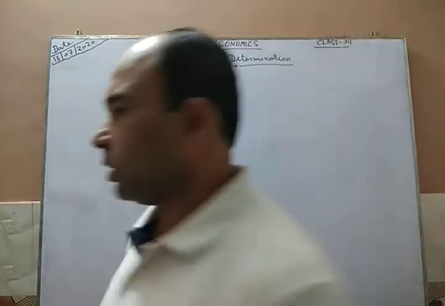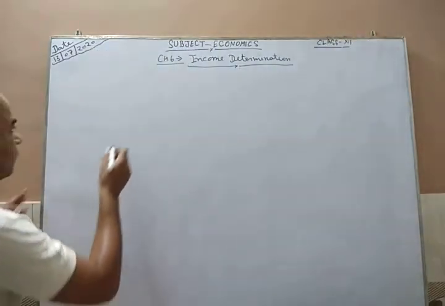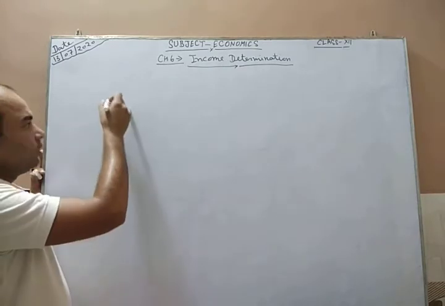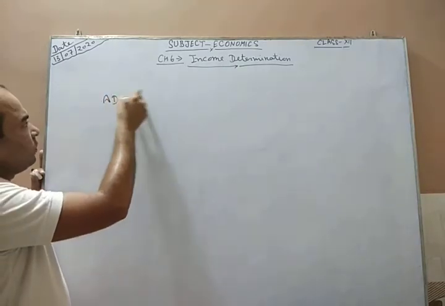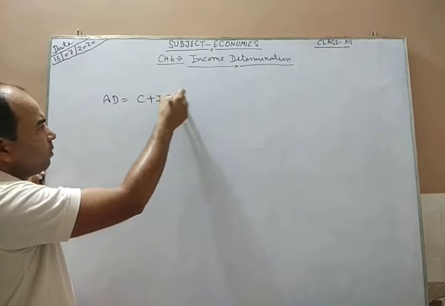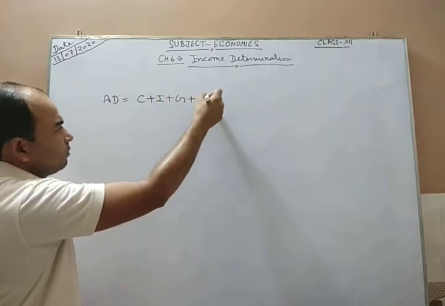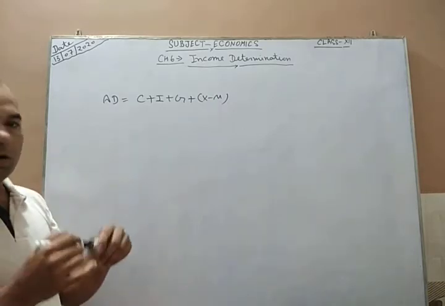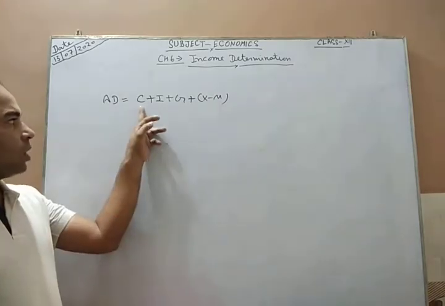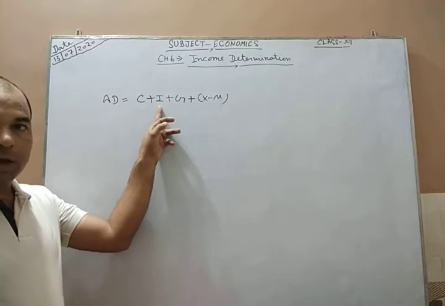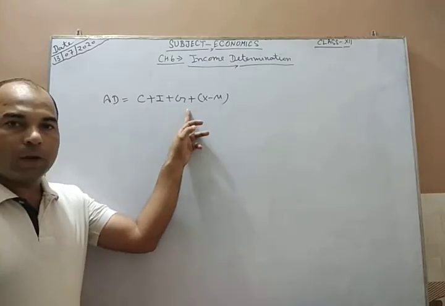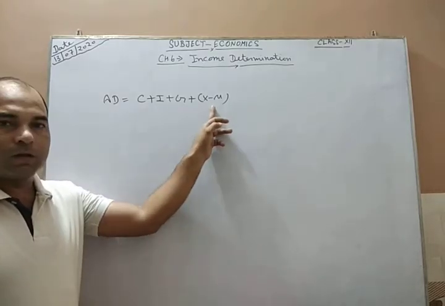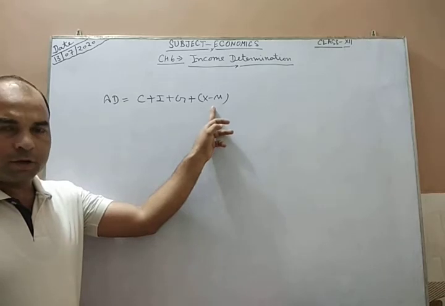There are 4 sectors, so you can say aggregate demand is equal to C plus I plus G plus X minus M. And you are aware that C is for consumption by households, I for investment, G for government expenditure, and X minus M is net export.